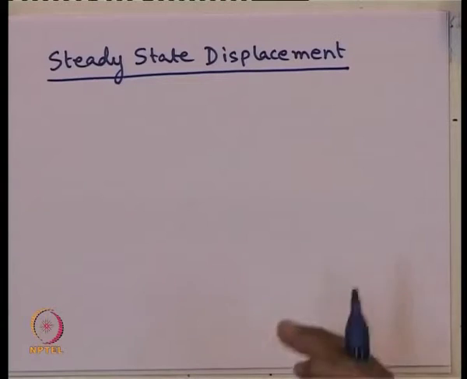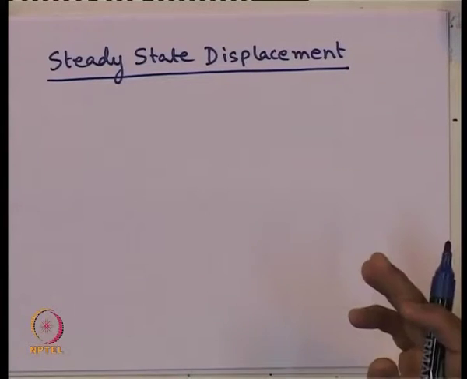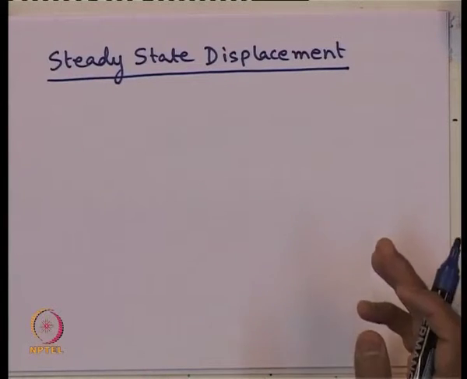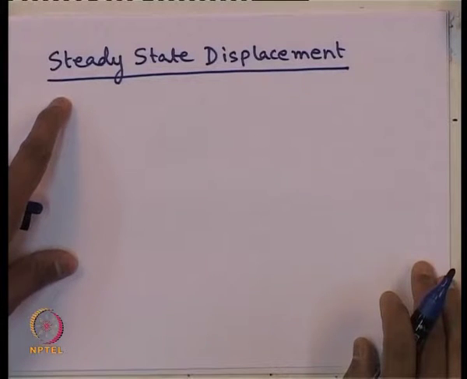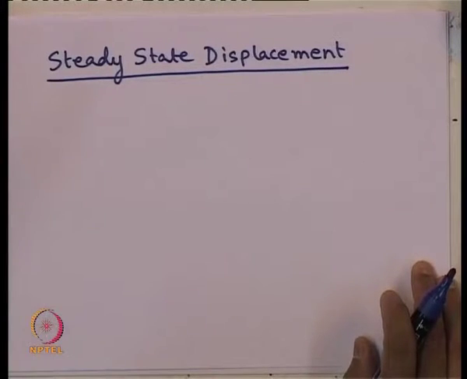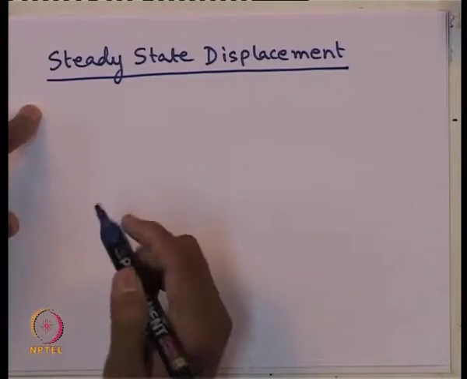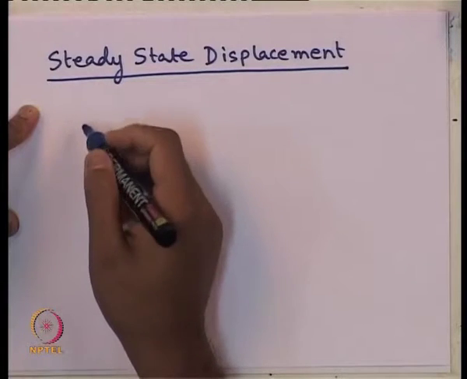That is, when t tends to infinity, in future how the system, the structure, the substructure or foundation etcetera will behave. We are more interested in the steady state displacement, because the transient state will vanish within a few minutes. That is also important for design of course, but for the long term behavior of any structure or substructure, we are more interested in the steady state response. So, let us concentrate on that.